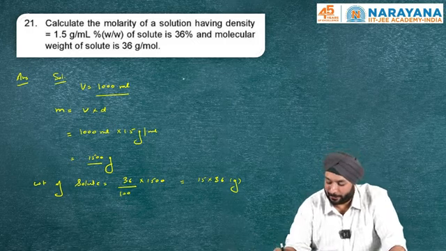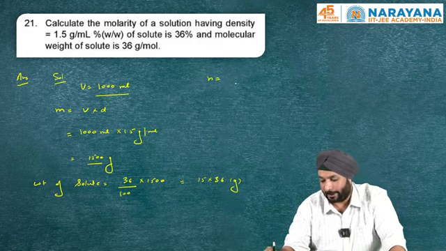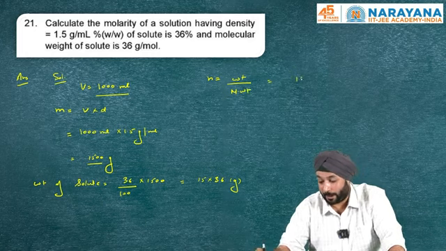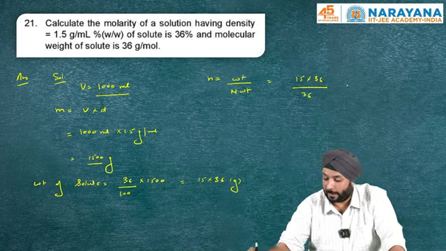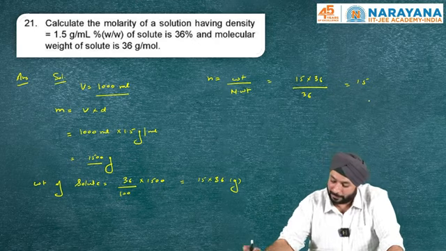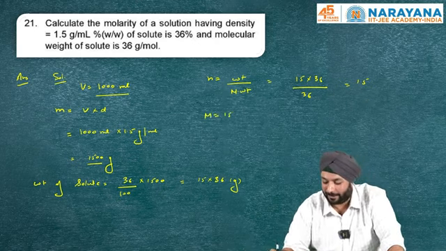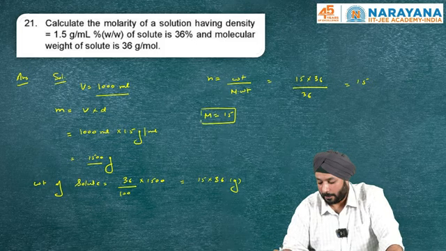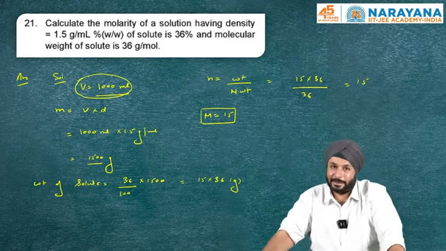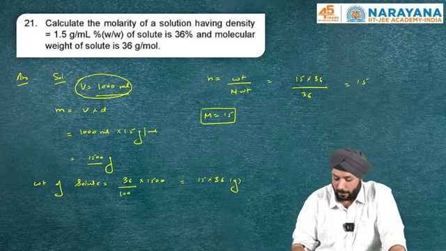So number of moles of solute is weight by molecular weight. It comes out to be 15 into 36 divided by 36. So I'll get 15 moles. And 15 moles are present in 1 liter. That means molarity is 15 only. So it is the assumption which you make that will make the question simple, right? We'll move ahead.